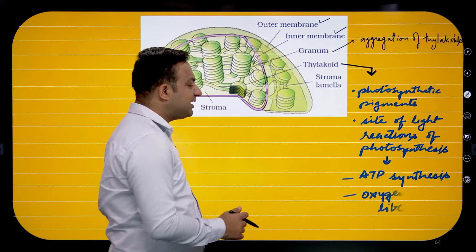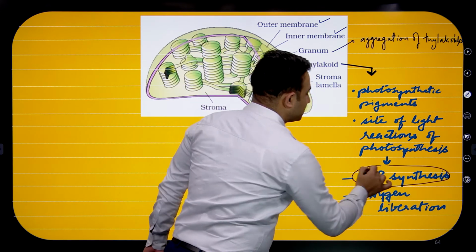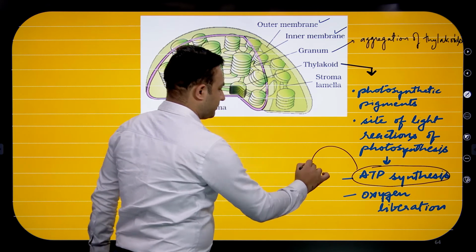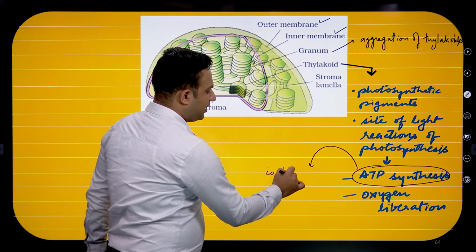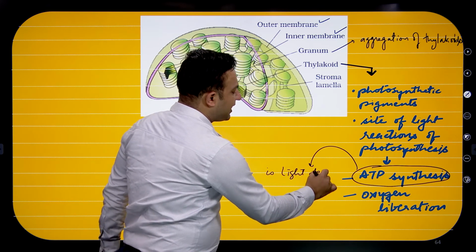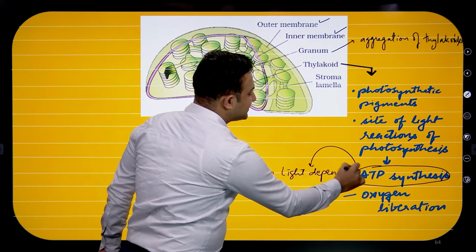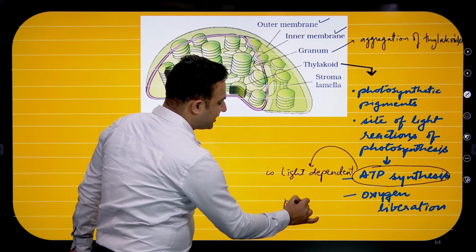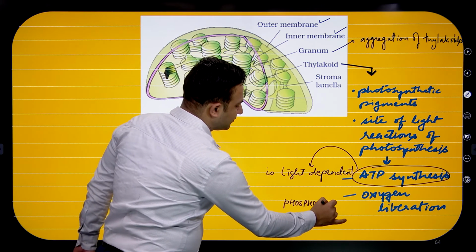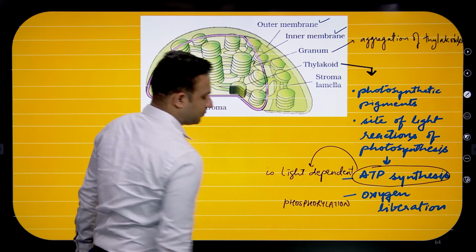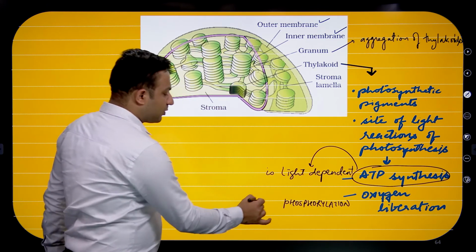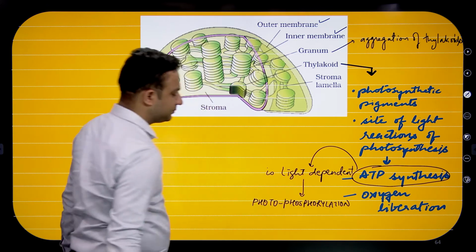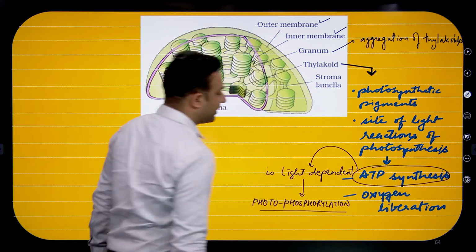Now this ATP synthesis in the chloroplast is light dependent. ATP synthesis is phosphorylation, and because it is light dependent, I will call it photophosphorylation.